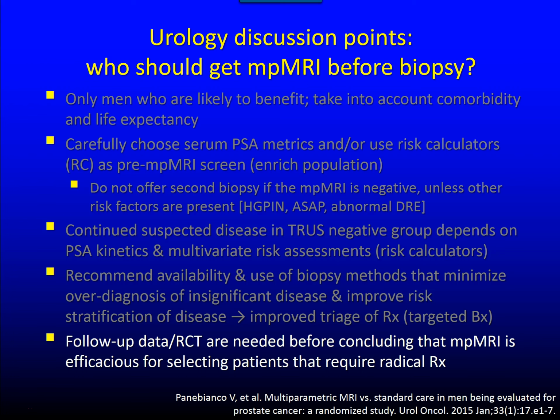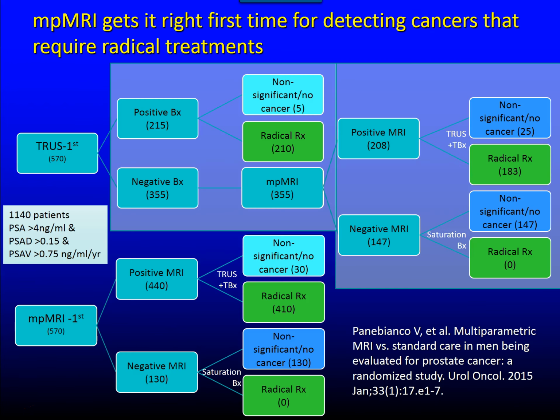We've got sensitivity, specificity, we can speculate on a number of areas, but we do not have firm data about utilities. There is only one randomized trial looking at MRI versus truss biopsy as the first triage point, and this is this paper that was published in 2015.